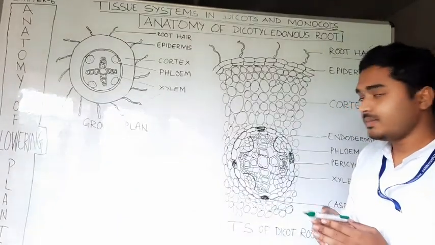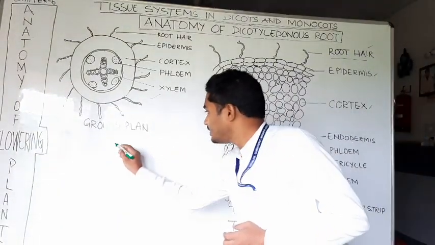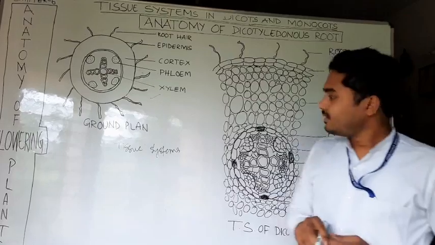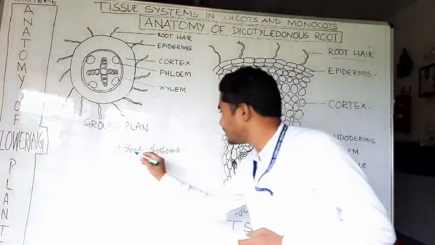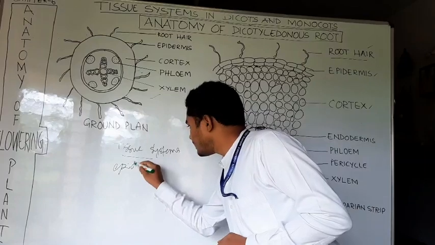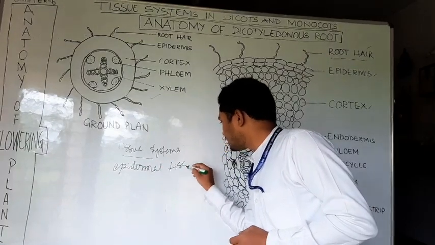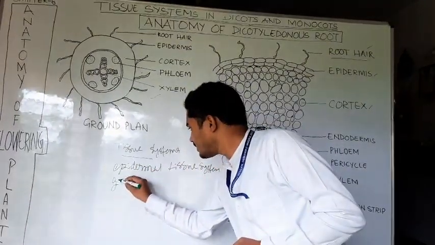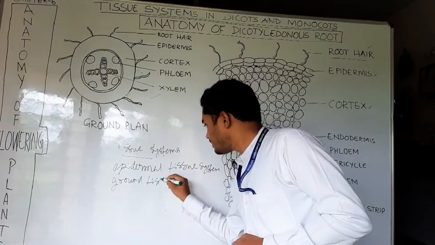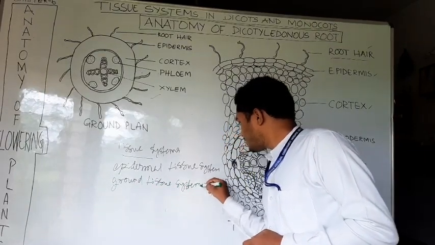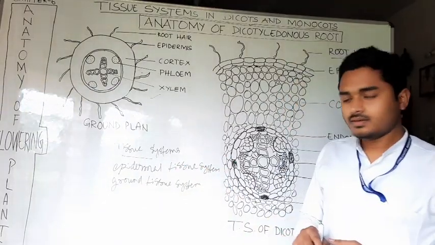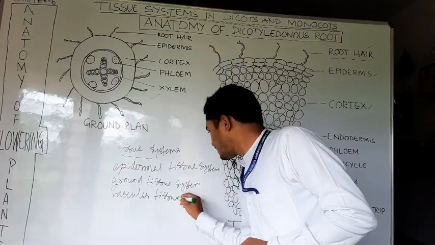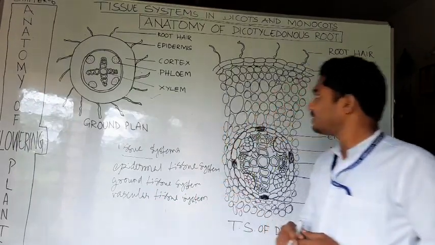As we have earlier studied, the tissue systems found in a plant are categorized as the epidermal tissue system, the second one is the ground tissue system, and the third one is the vascular tissue system.